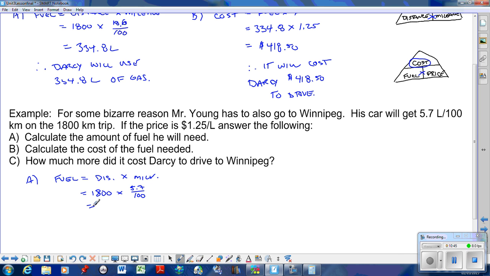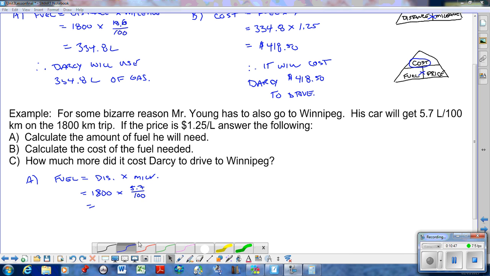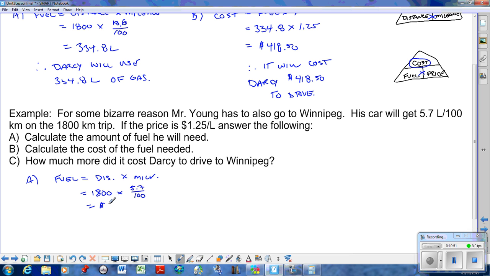We go ahead and calculate that, and we get 102.60. Whoops, that's liters, that's not money. So 102.6 liters. So that's how many liters it took Mr. Young in his particular car.